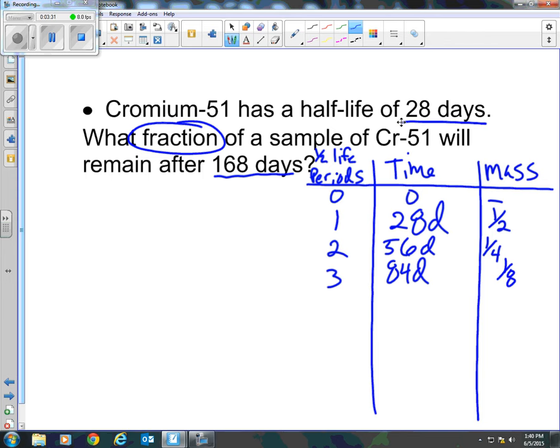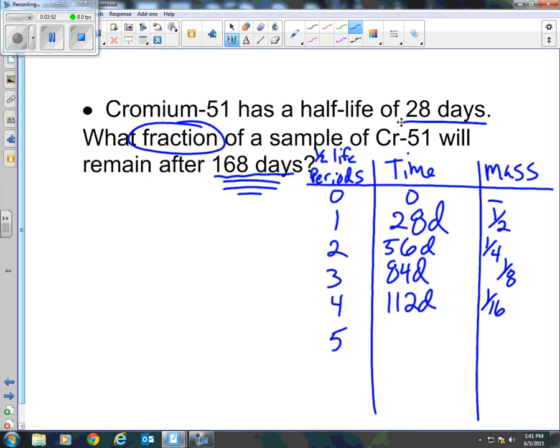And you might be asking yourself, well, how long do I have to keep this chart going? Well, look back at the problem. It wants to know what fraction remains after 168 days. So I have to keep doing this until I get to 168 days. Not a problem. After four half-life periods, now we're up to 112 days, and half of 1/8 is 1/16.